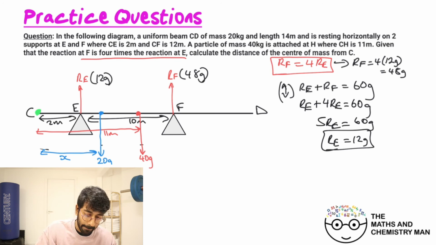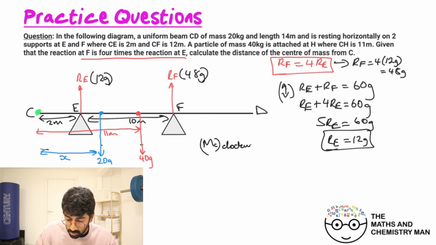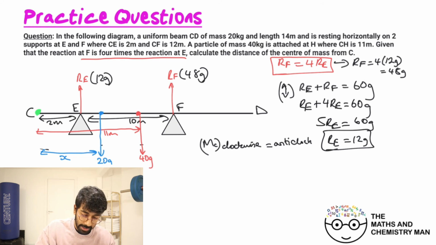So we're going to take moments about C, and we'll go clockwise equals anti-clockwise. So clockwise moments are going to be caused by this 20G and this 40G.